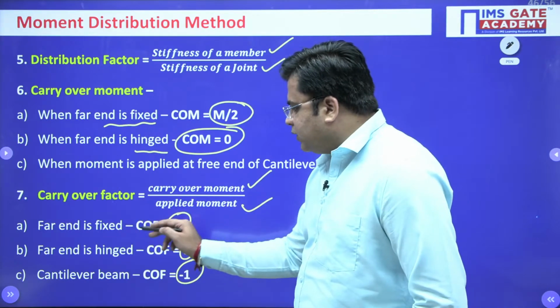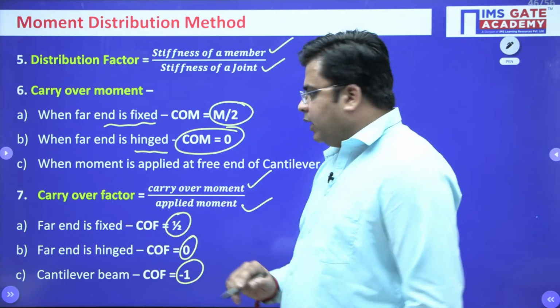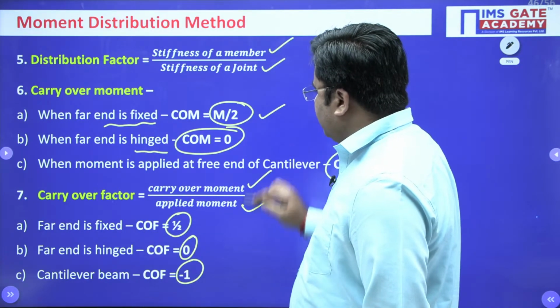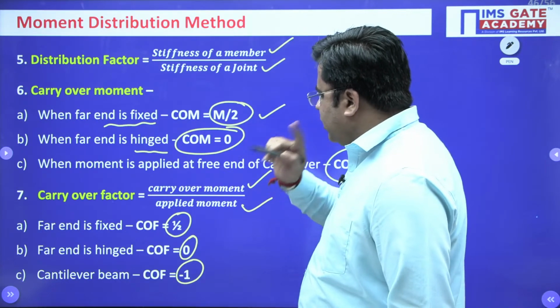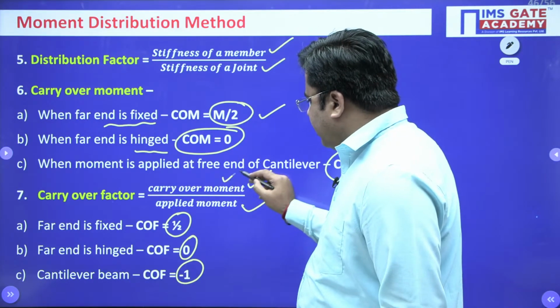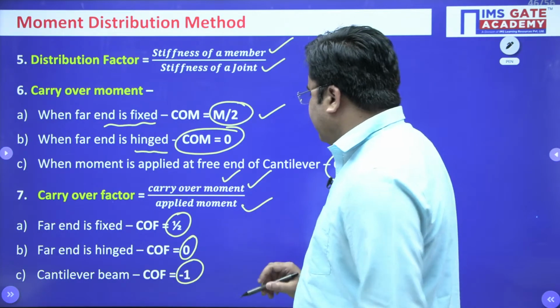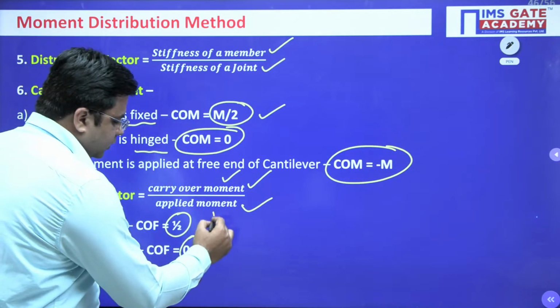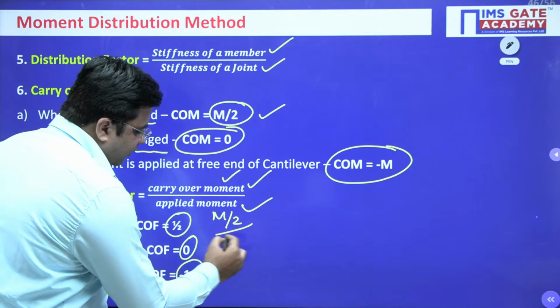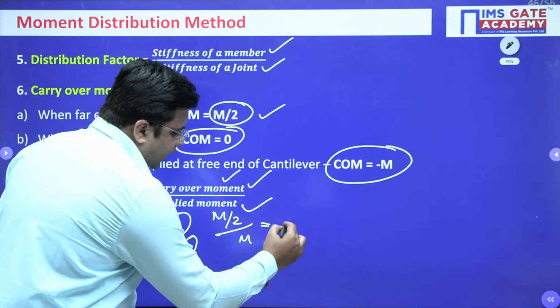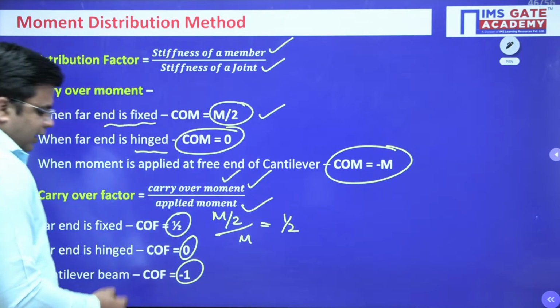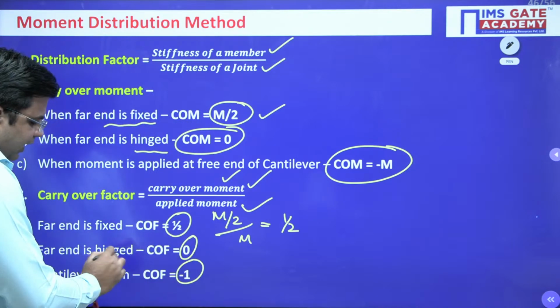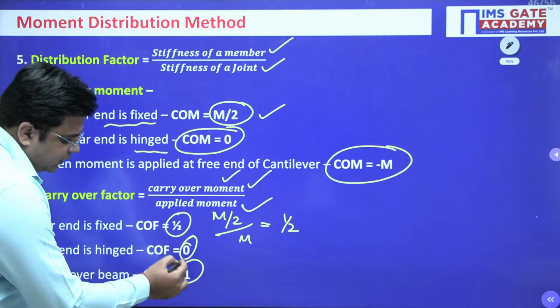So how is this carryover factor for far end fixed 1 by 2? When your far end is fixed and you have applied the moment, then your carryover moment is M by 2 and applied moment is M. So when you divide the carryover moment M by 2 by the applied moment M, you will get the carryover factor as 1 by 2. So this is M by 2 divided by M. From here the carryover factor is 1 by 2. Next, for far end hinged, your carryover moment is 0.